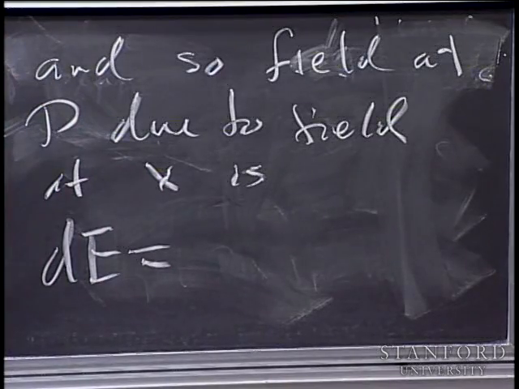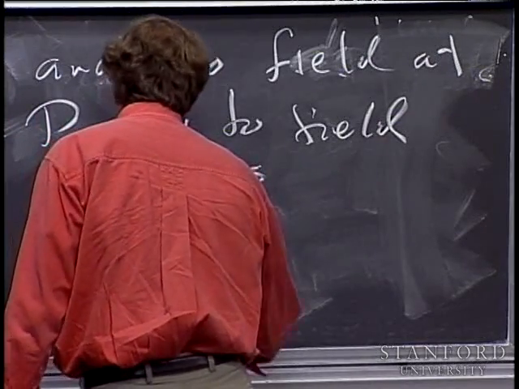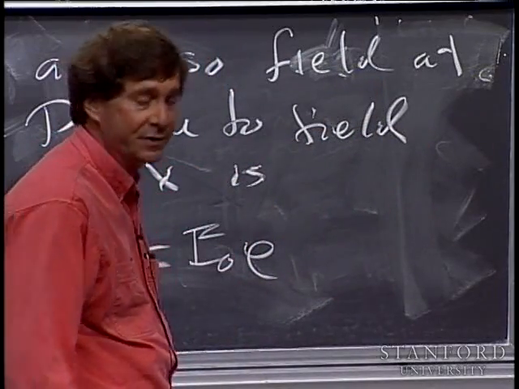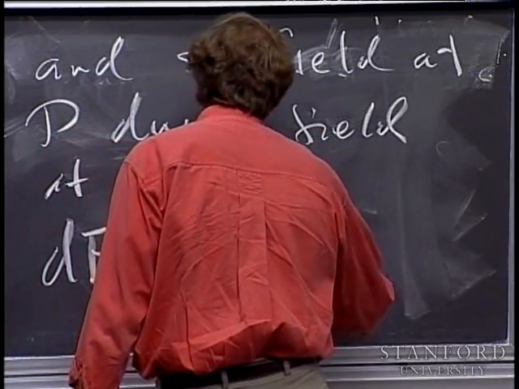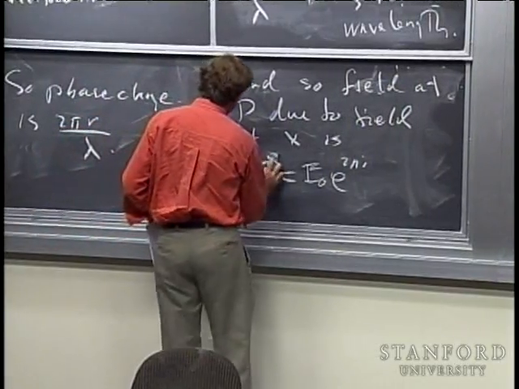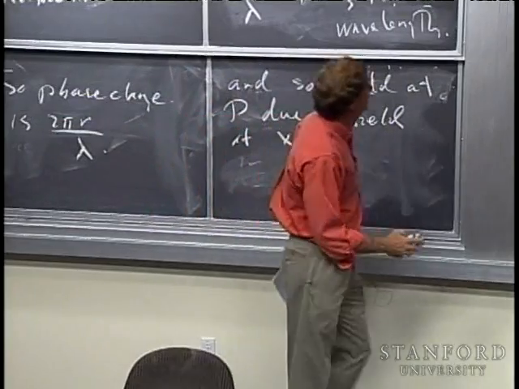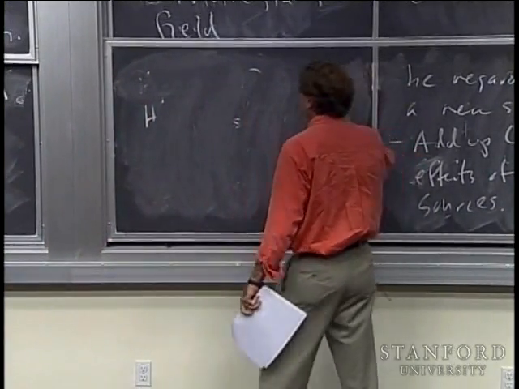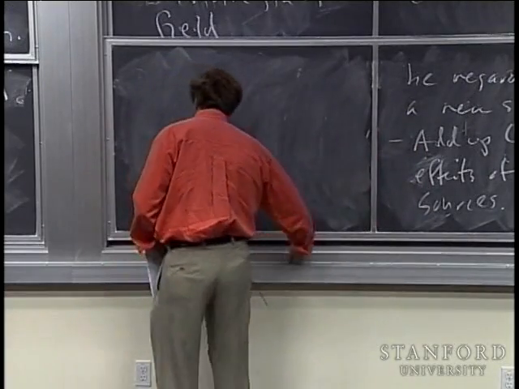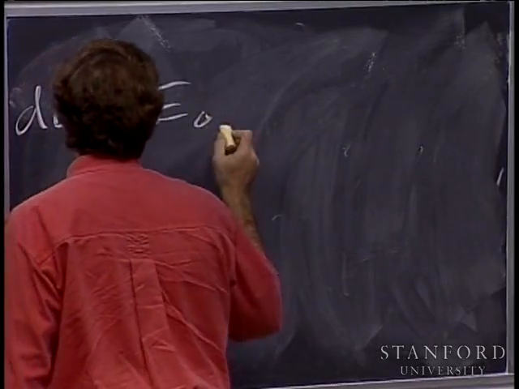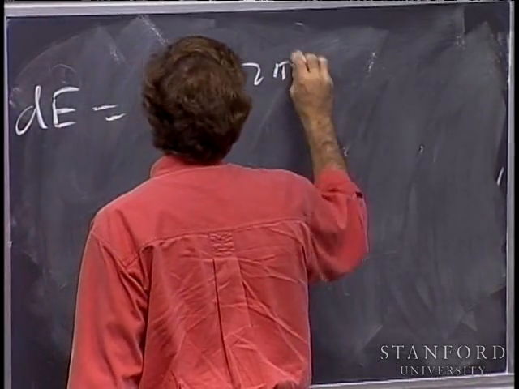The differential of the field is E naught times e to the, it's still oscillating at the same rate. That's not changing. It's still the same frequency. So it's e to the 2 pi i nu t. I'm going to need more space here, I can tell. E naught e to the 2 pi i nu t.